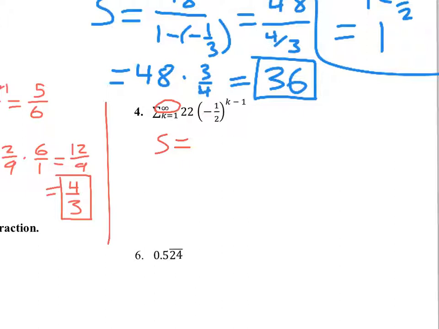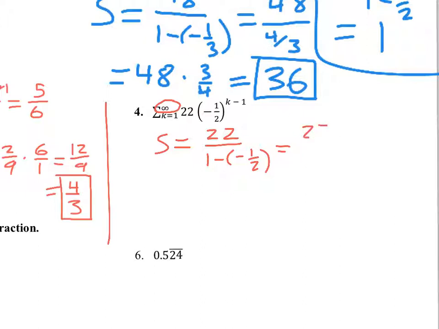If you plug in 1 for k, the exponent becomes 0. -1 to the 0 is 1, and -1/2 to the 0 power is 1. 22 times 1 is 22. So it's 22 over 1 minus r, and r is whatever the base is, whatever has an exponent. So r is -1/2.